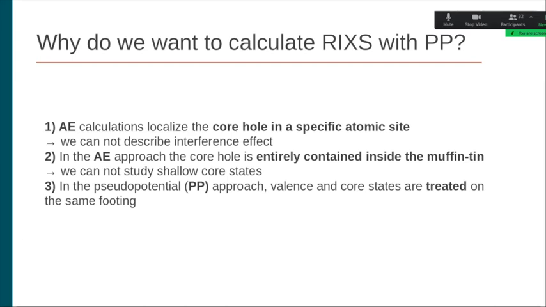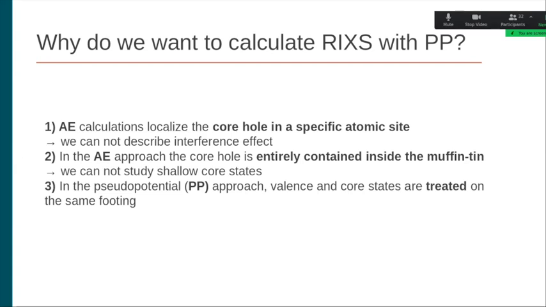So if you want to study, for example, a shallow core excitation, where the energies are not that deep and the states are not very localized, then the state is not going to be fully contained inside the muffin tin, and therefore you cannot perform a RIXS study on these states. This is, for example, the case of the Al L2,3 edge in aluminum, which corresponds to excitations from the 2p states to the conduction band.